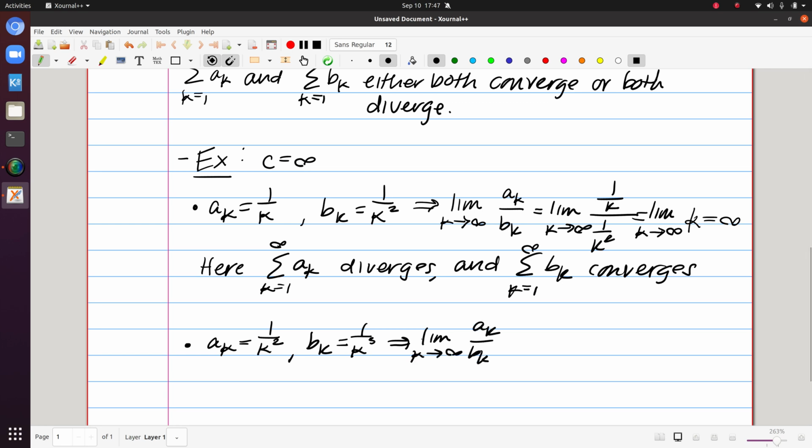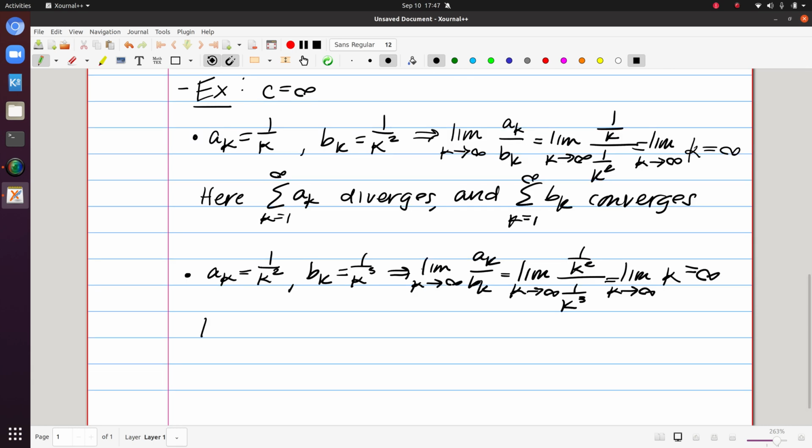If I take the limit of a sub k over b sub k, which is the limit of 1 over k squared divided by 1 over k cubed, this too reduces to the limit of k, which is infinity. Here, both the sum of a sub k and the sum of b sub k converge.